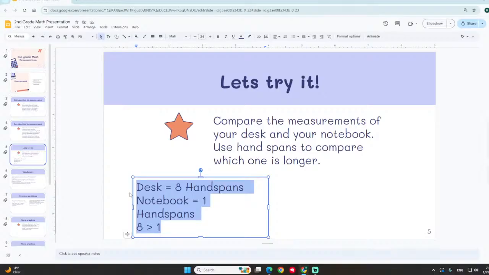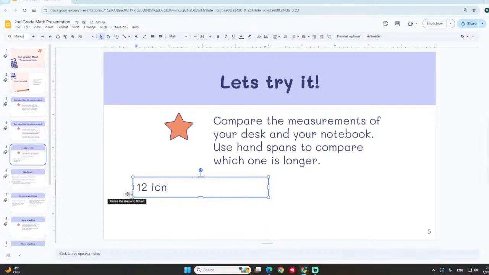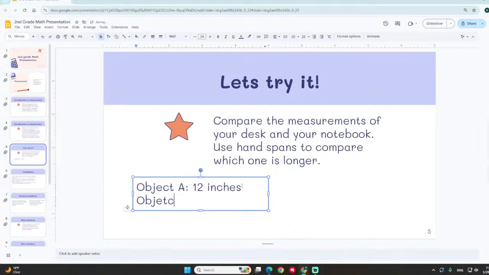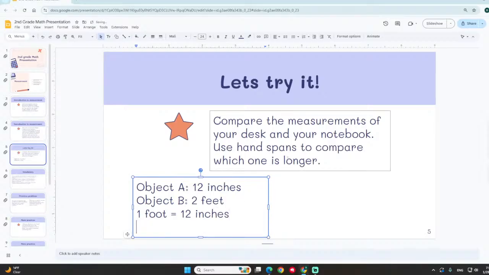Let's say we have one object that is 12 inches, and we have another object that is 2 feet. Which object is longer?